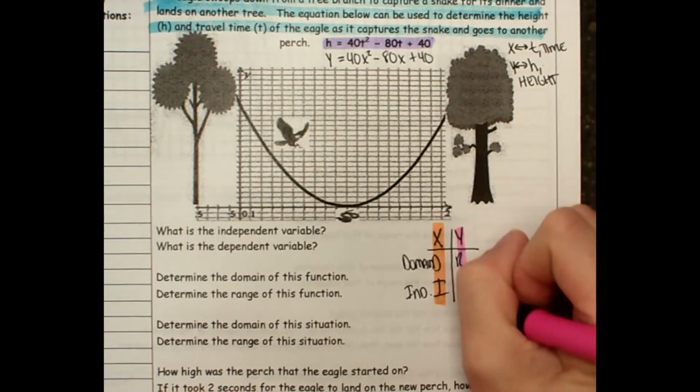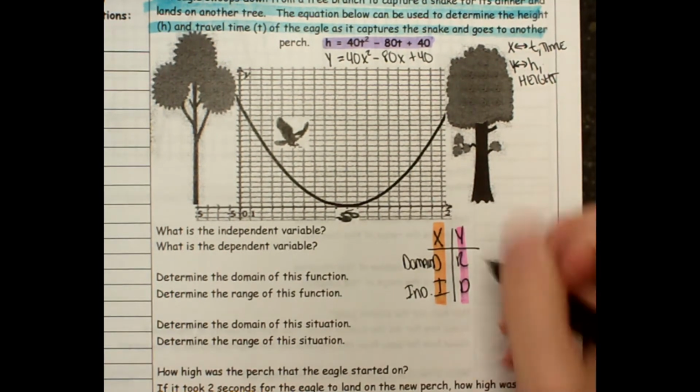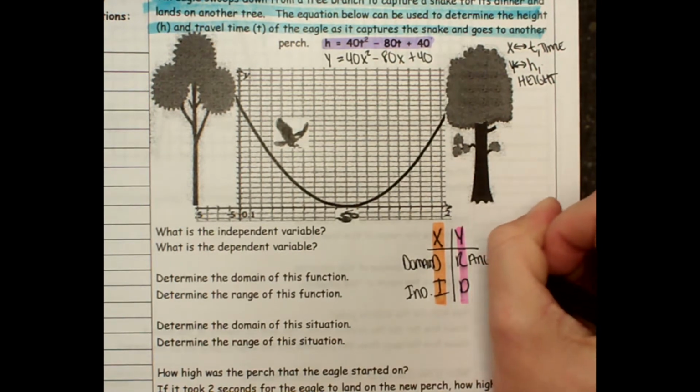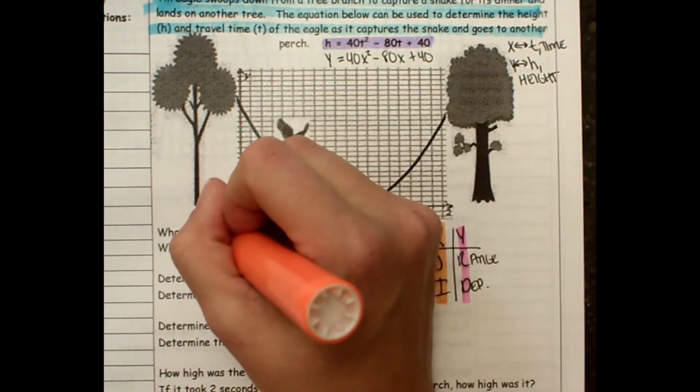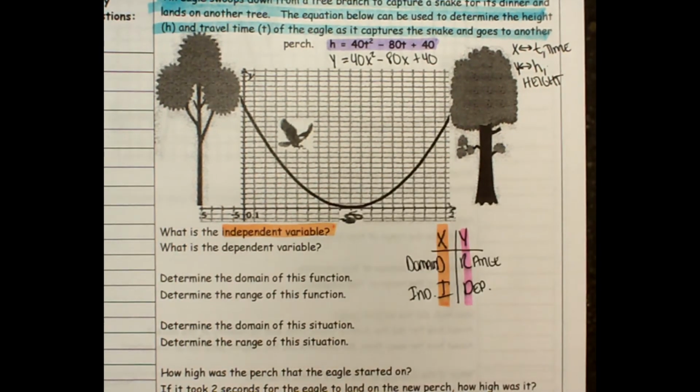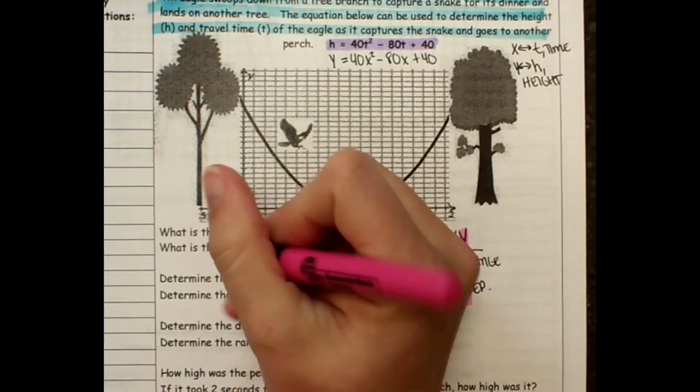Your y's are the range, and now we're adding in the dependent variable. So independent and dependent are kind of new, okay? So it asks, what's your independent variable?